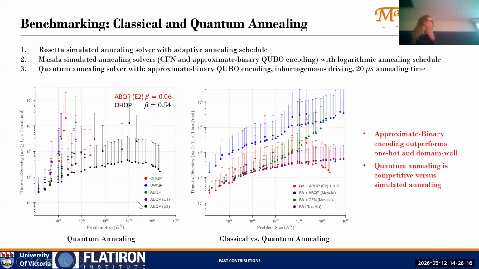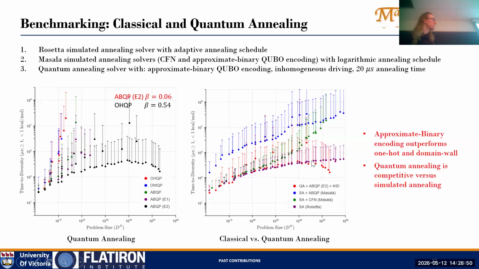The approximate binary QUBO encoding can be solved up to a much larger problem size. The black dots here involve both the Boltzmann enhancement and the nonlinear optimization, and fitting power law curves to the left-hand region of the plot here, the fit scaling exponent reduces by about tenfold from 0.54 in the case of one hot and domain wall encoding to 0.06 in the case of approximate binary.